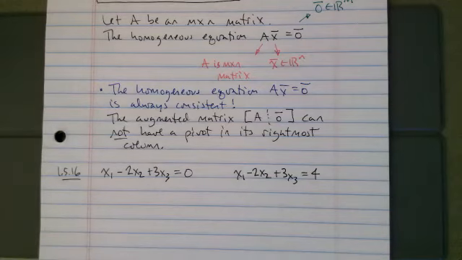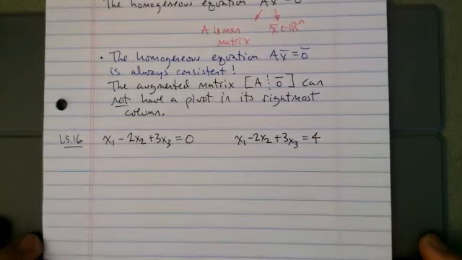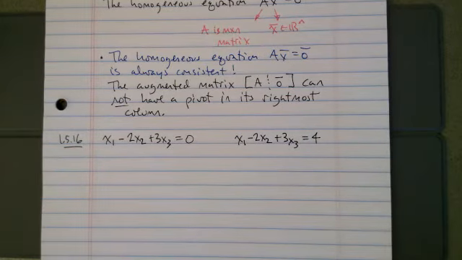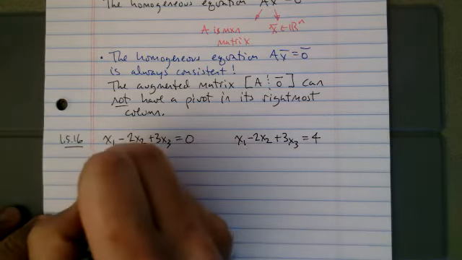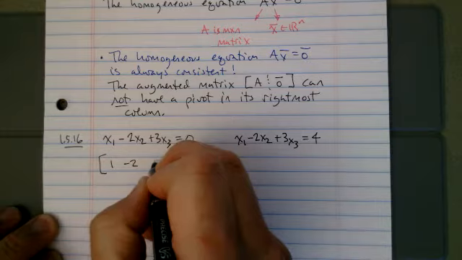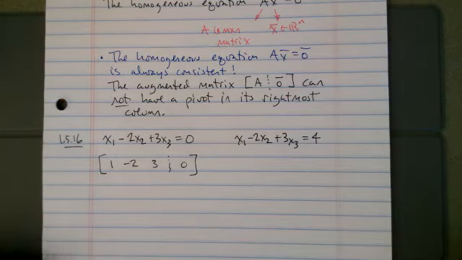If I look at the reduced row echelon form of the augmented matrix for each of these very small systems, we're looking at 1, -2, 3, and then 0. That's the only row in the augmented matrix.